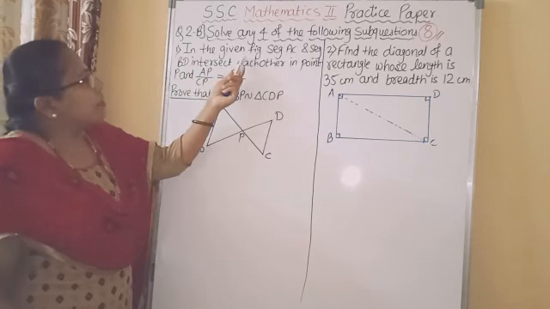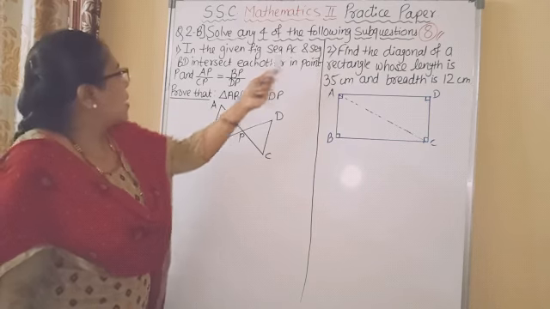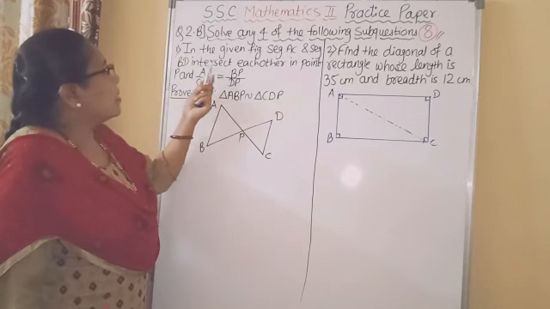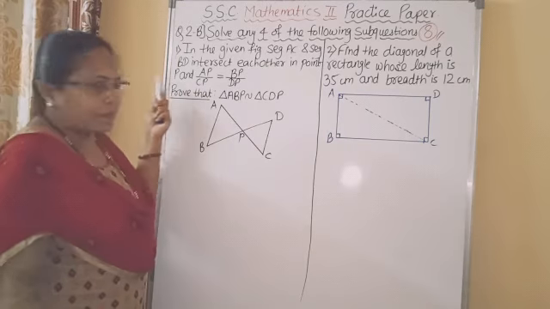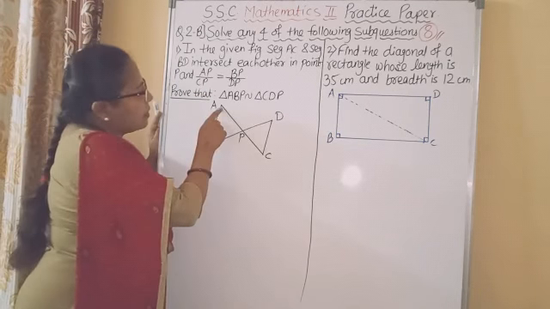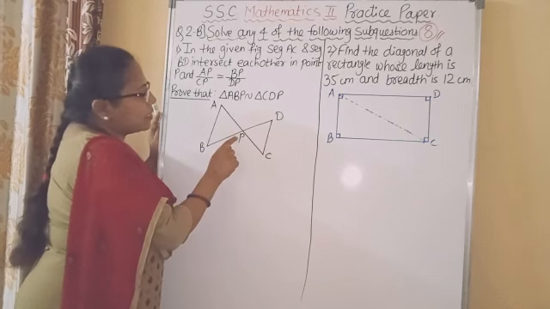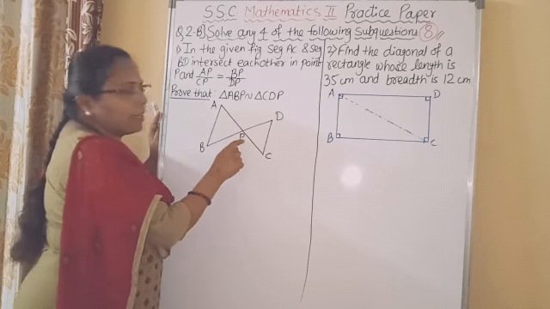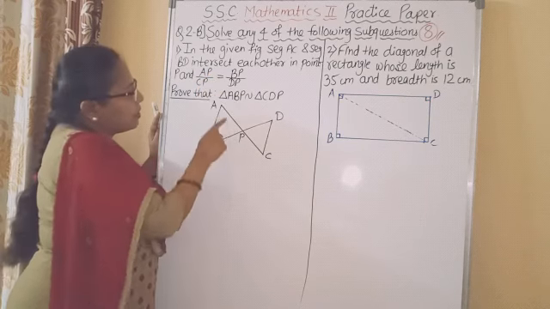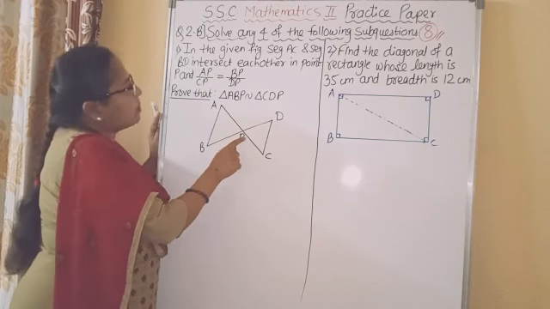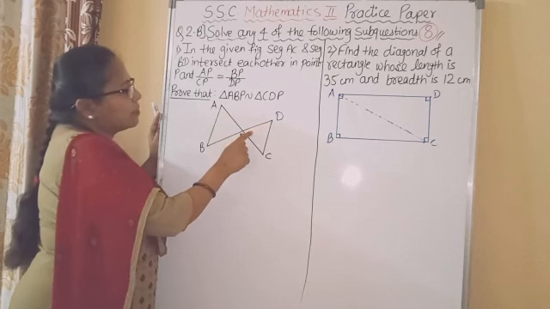In the given figure, segment AC and segment BD intersect each other in point P. You can see the figure. Segment AC and segment BD intersect each other at point P. And AP upon CP equal to BP upon DP.